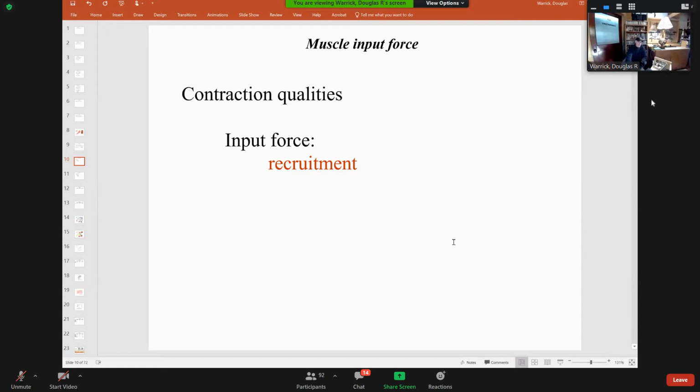So the key to this is, of course, recruitment. What we're talking about is how many muscle fibers do we turn on in those cases. As it turns out, it also matters what kind of muscle fiber you're going to turn on. Not all muscle fibers are the same.